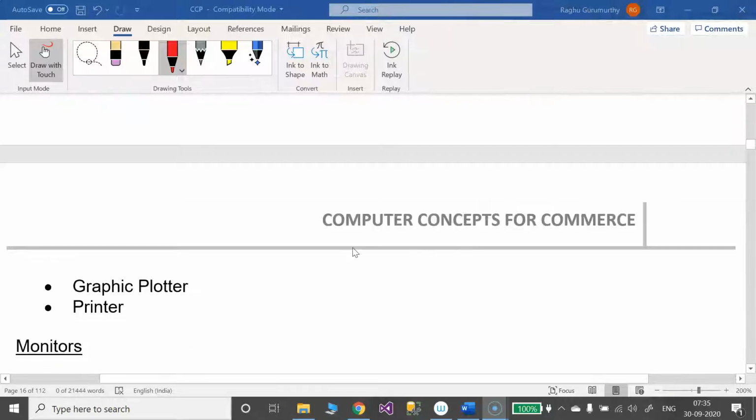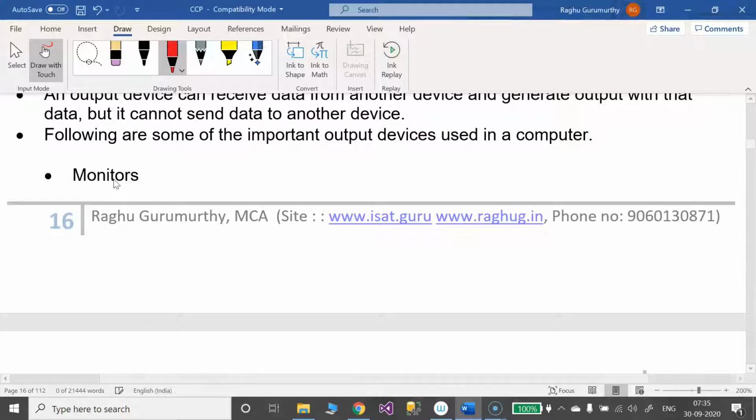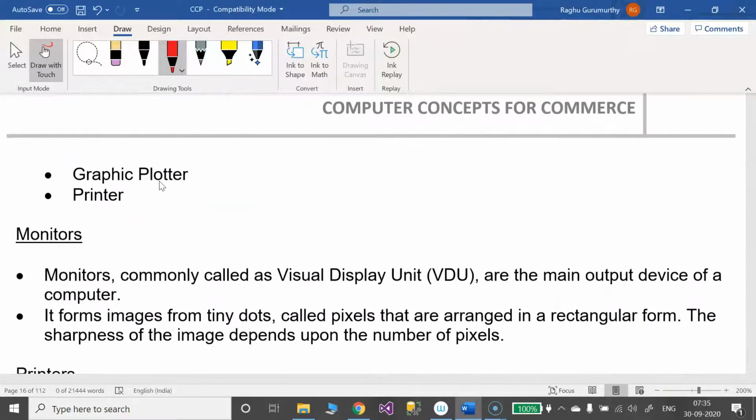If we consider the main output devices, monitors are output devices, plotters are output devices, then printers are output devices. Apart from this, we have output devices like speakers. So these are also output devices.